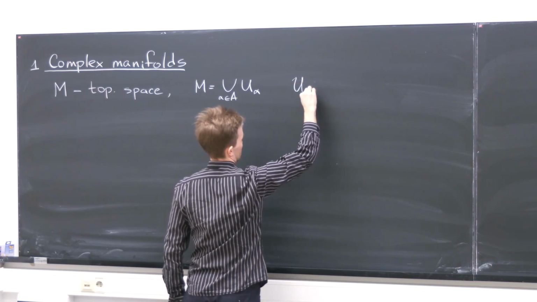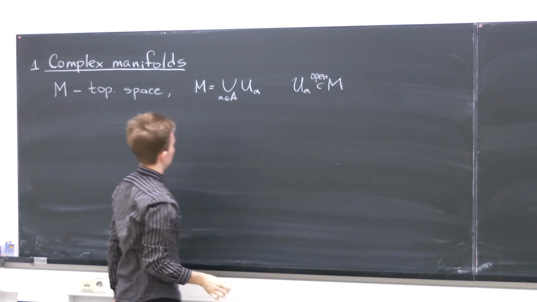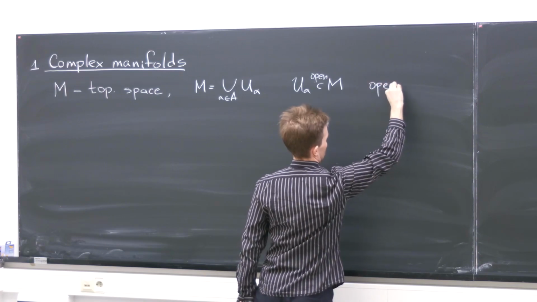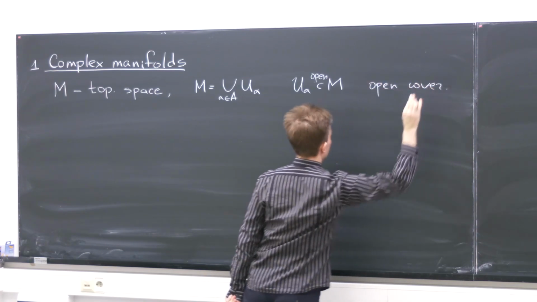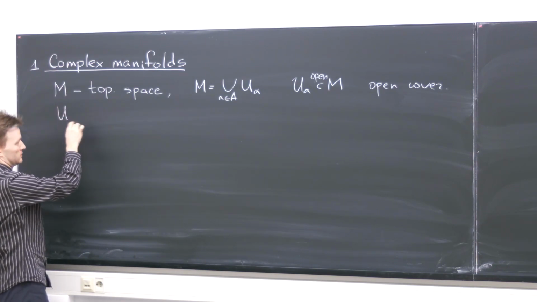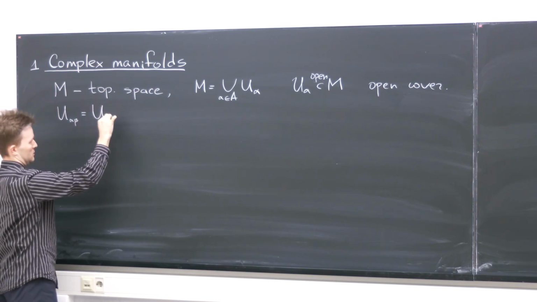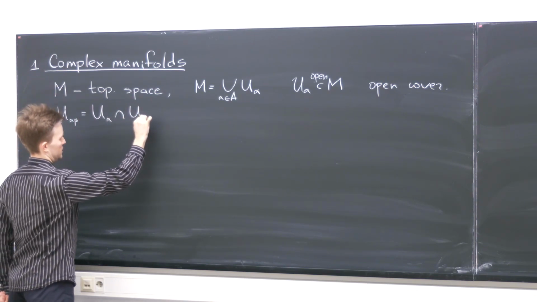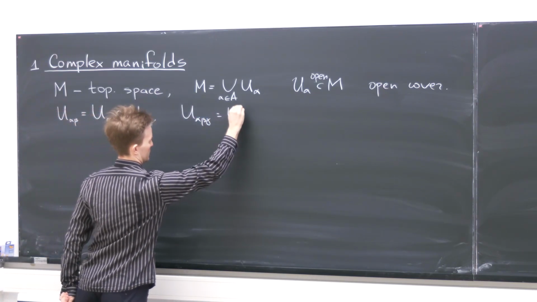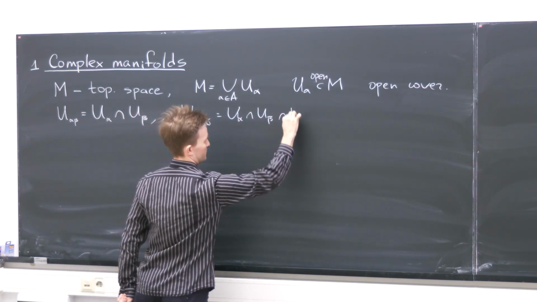So U alpha is an open subset in M. So this is an open cover. Then I will denote, as usual, the intersections of those open subsets like this. So this will be U alpha intersected with U beta, and triple intersections will be denoted like that, and so on.